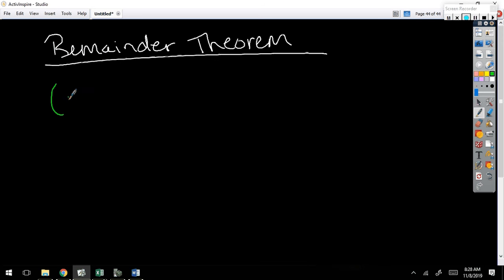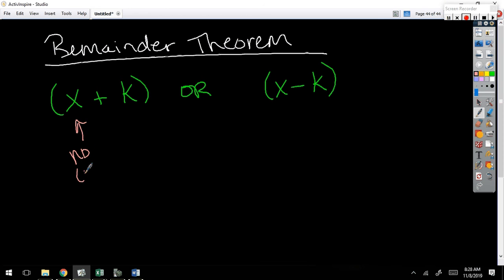We divide a lot by x plus some number k or x minus some number k. Now, a couple things to look at when you see this. Notice that the x does not have a coefficient or an exponent.